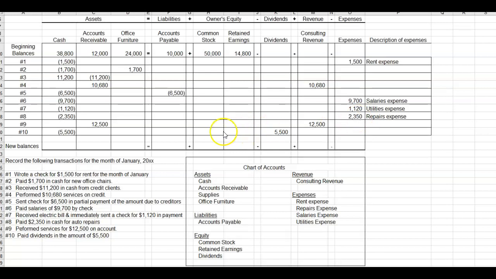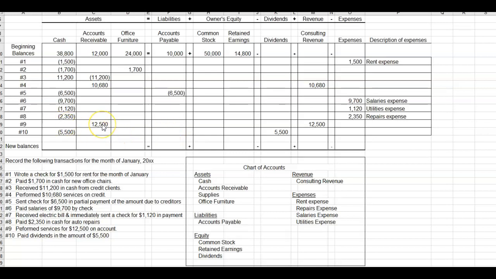Transaction 9, perform $12,500 services on account. Performing services on account is the same thing as performing services on credit. Services are complete, but we haven't been paid for the work yet. Instead, we will receive payment from our customers later.